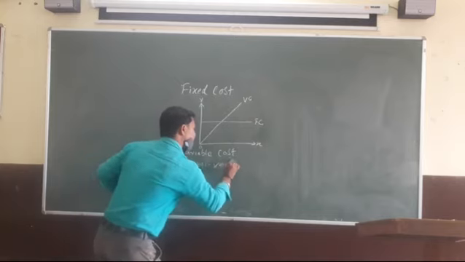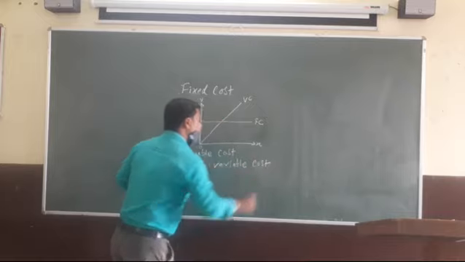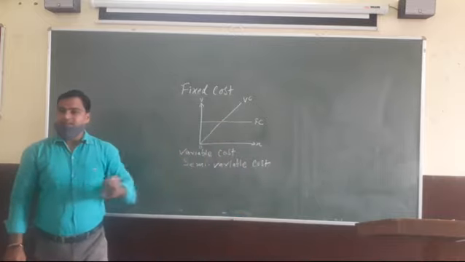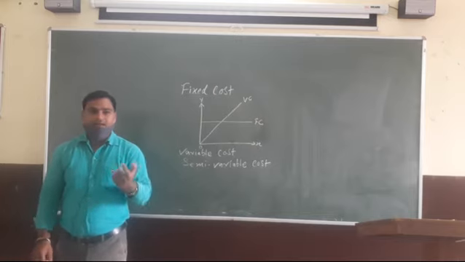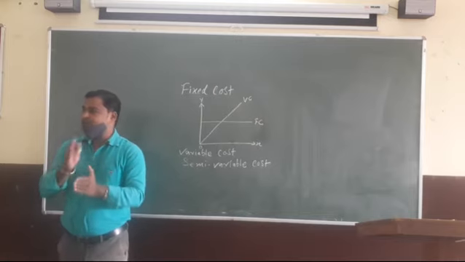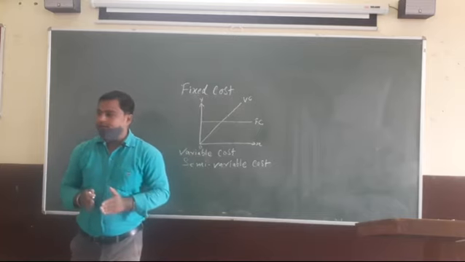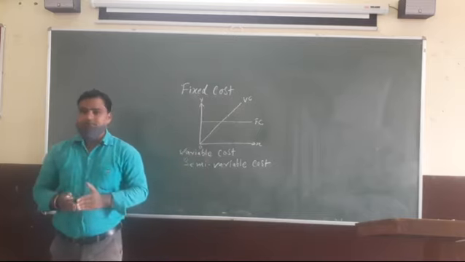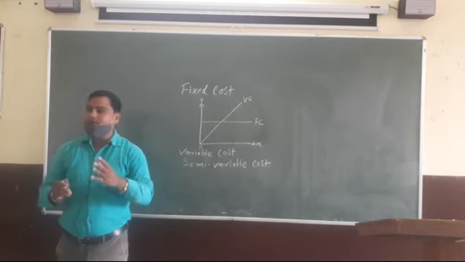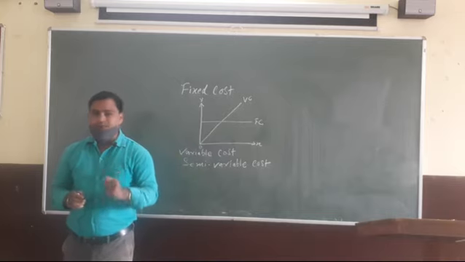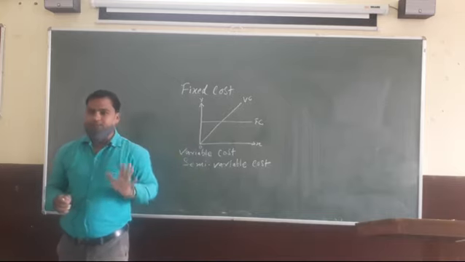Semi-variable cost, or you can say semi-fixed cost. This is a type of cost which does not vary in the same proportion as the variation in production. Such as if you are running a bike, suppose that in 1 liter the bike goes 50 kilometers.